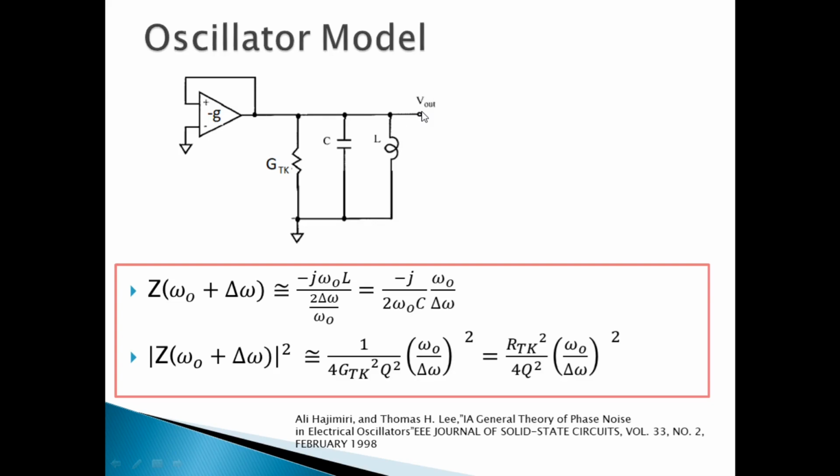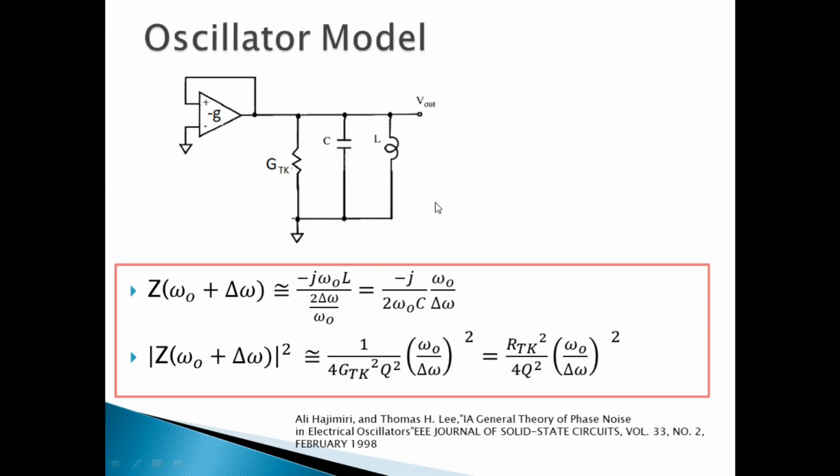Due to this, we will witness a certain amount of shaping called phase noise, the shaping that we have seen in the previous slides. So it is not like an impulse function, but it forms a shape.